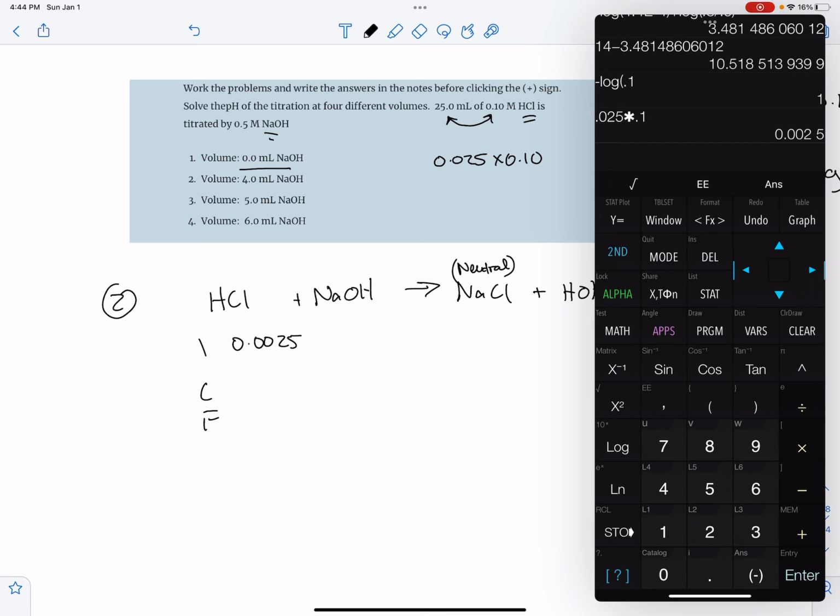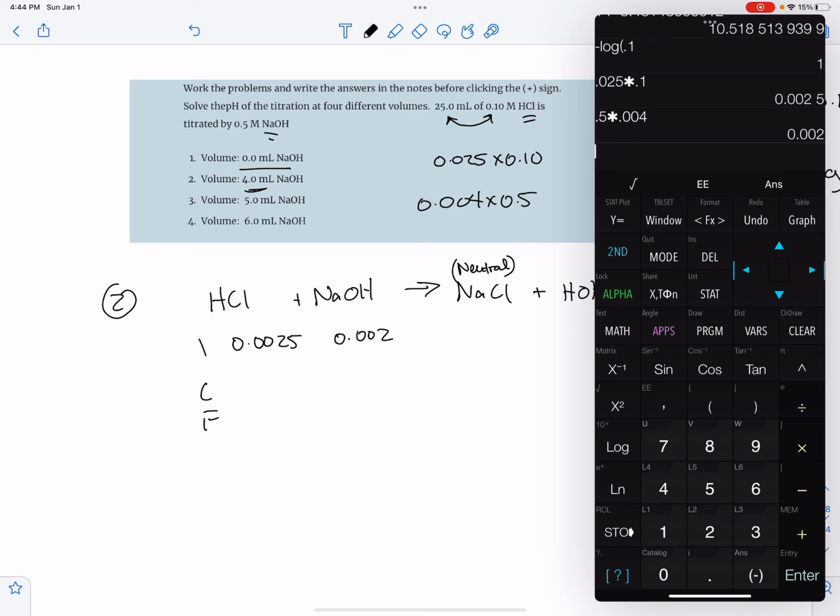And while I have it up, the next one I'm putting in is this 4 milliliters. 0.004 times 0.5 gives me 0.002 on the NaOH.